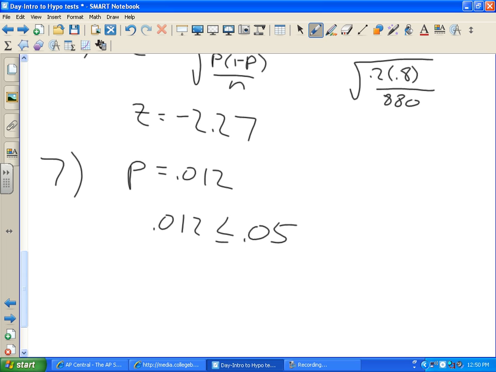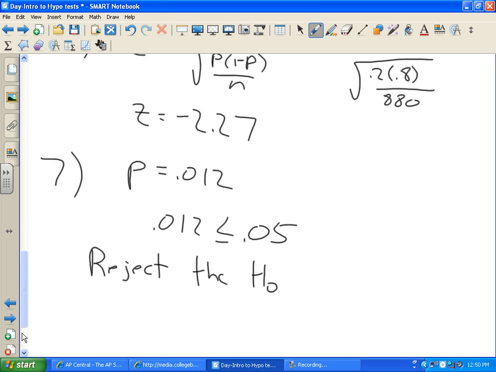Again, evidence. Small p-values is strong evidence. Larger p-values, not so much. So because my p-value is smaller than my alpha value, we will reject the null hypothesis.